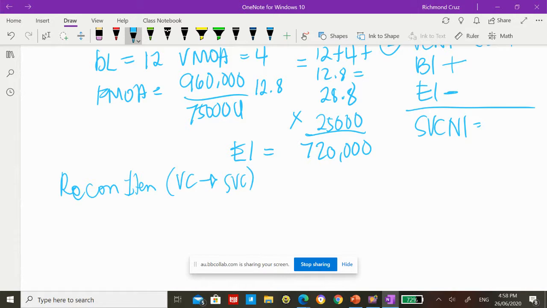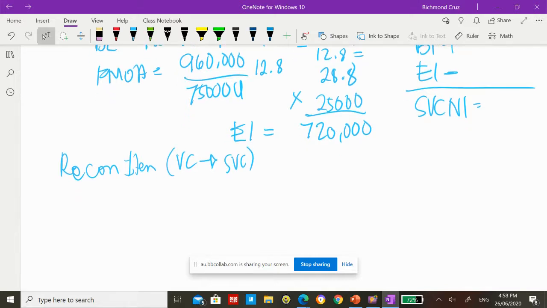Remember, variable costing includes direct labor and variable manufacturing overhead in its product cost, but super variable only includes direct material costs. It does not recognize direct labor and variable manufacturing overhead as part of its product cost.